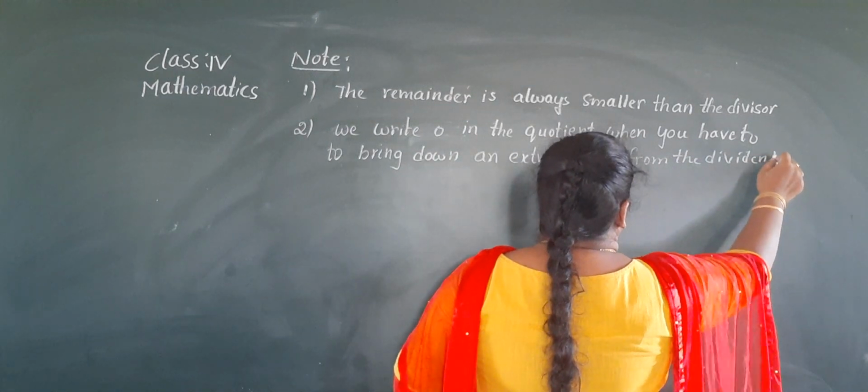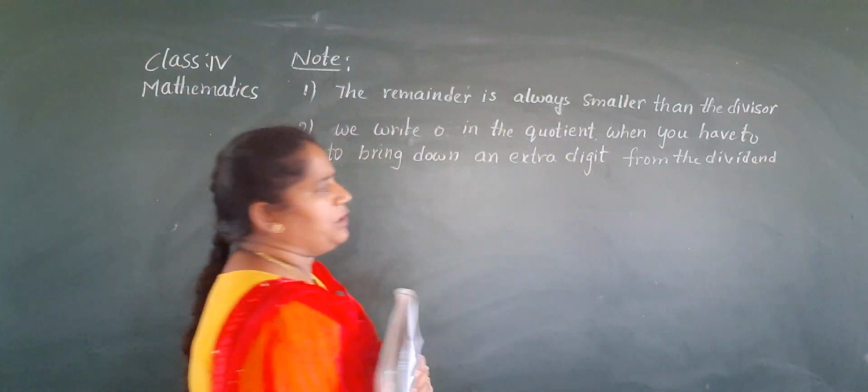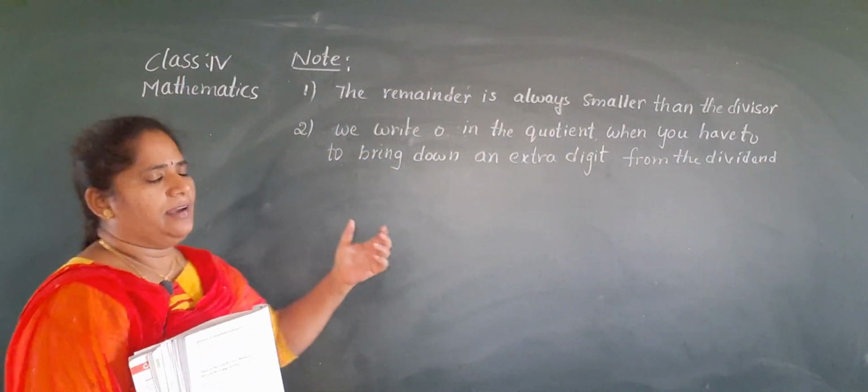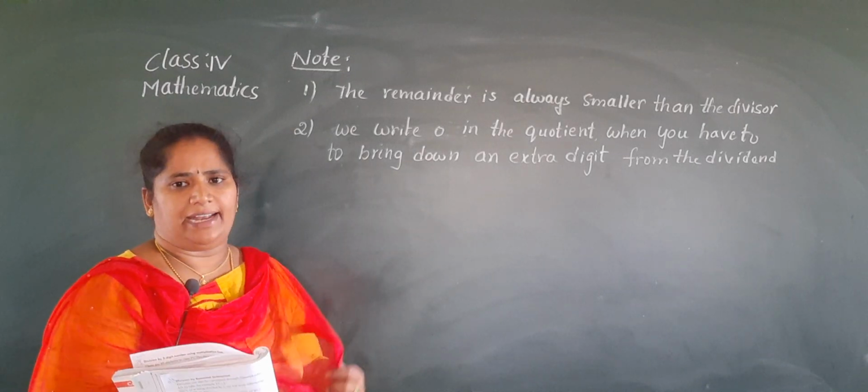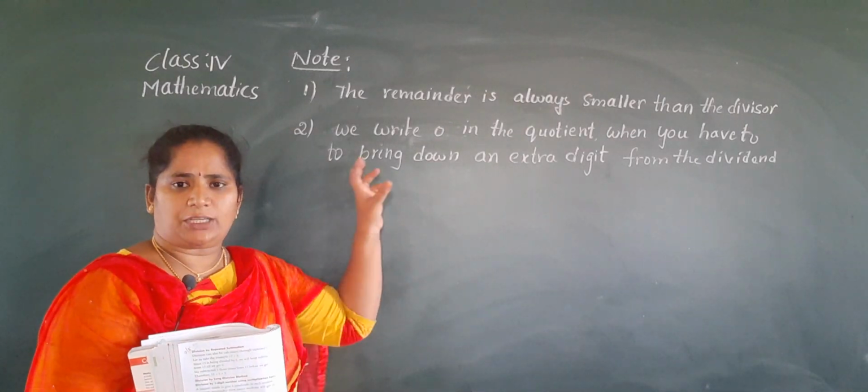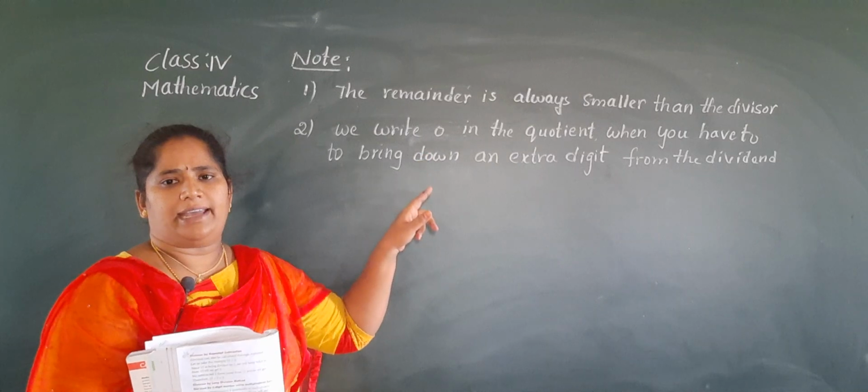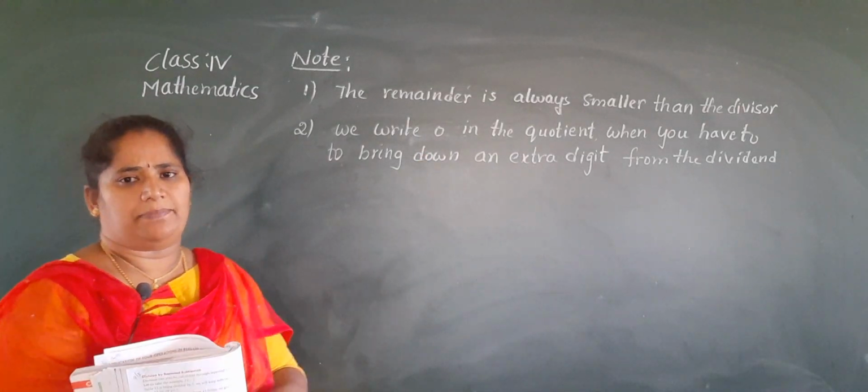So that means we write 0. That means if you take 2 digits at a time, we should write 0 in the quotient place.